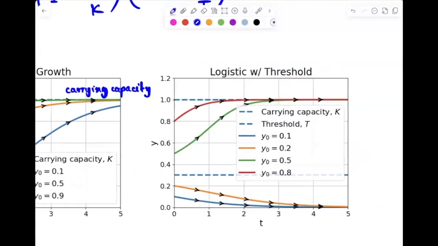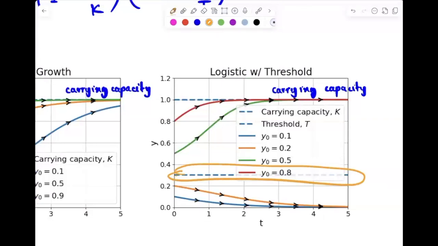So in the last graph here illustrating the differential equation, this top dashed line is the carrying capacity, and the one below it, this dashed line right here, is the threshold.